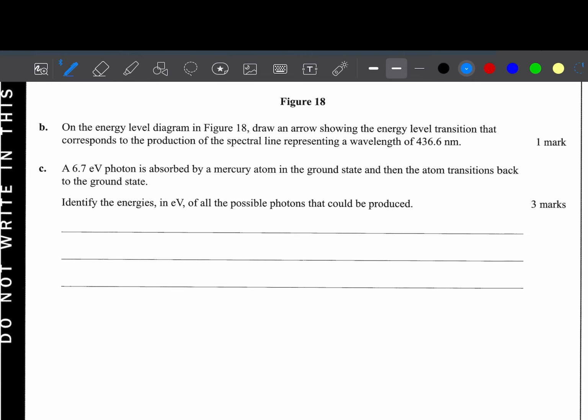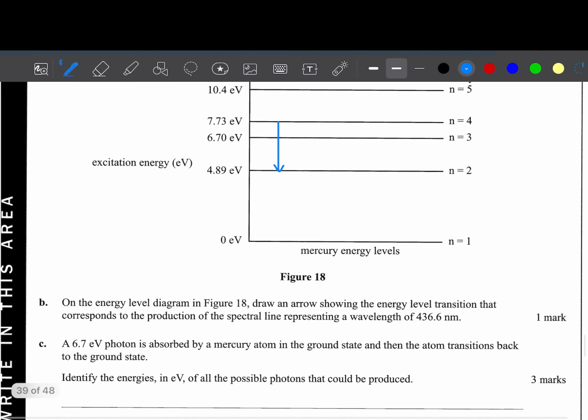A 6.7 eV photon is absorbed by a mercury atom in the ground state, and then the atom transitions back to the ground state. Identify the energy in eV of all the possible photons that could be produced. So it either goes all the way from here to here, or it takes little steps, going here and then going here.